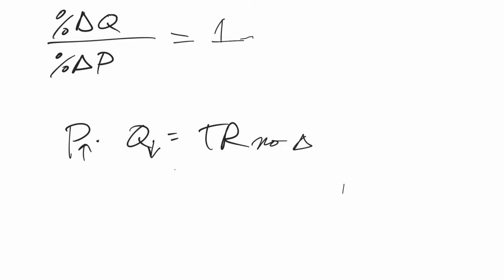They come from expenditures. So when we're talking about revenues, we're talking about the money a firm receives. When we're talking about expenditures, we're talking about the money consumers pay. It's the same money, okay? So it's the flip side of the same coin.